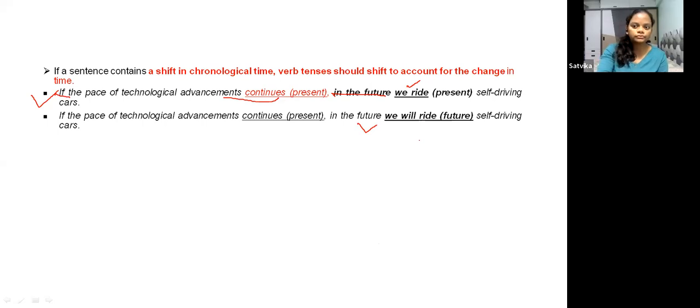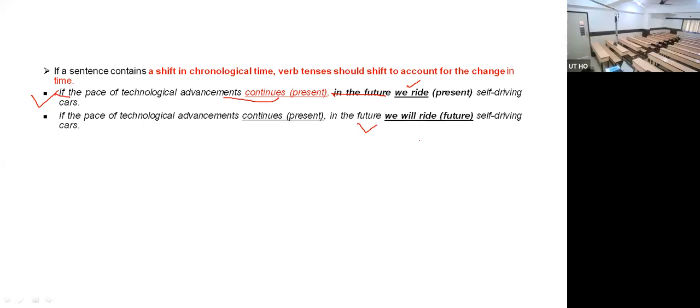It will depend upon what your options are. If will be riding is given, you can choose that, if that is the only correct option available. Right? Okay. The children love their new tree house, which they built themselves.